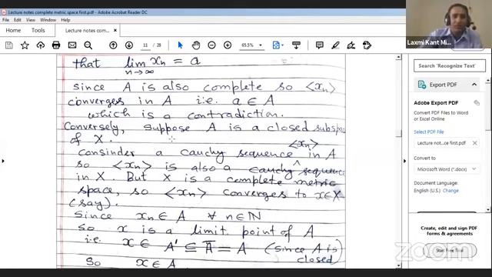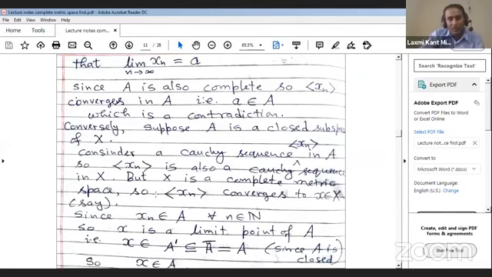Now, conversely, suppose A is a closed subspace of X. Now we wish to show A is complete. So consider a Cauchy sequence xn in A. If it is a Cauchy sequence, but we know that capital X is a complete metric space, this sequence xn is also a Cauchy sequence in capital X. So it converges to some point, say small x.